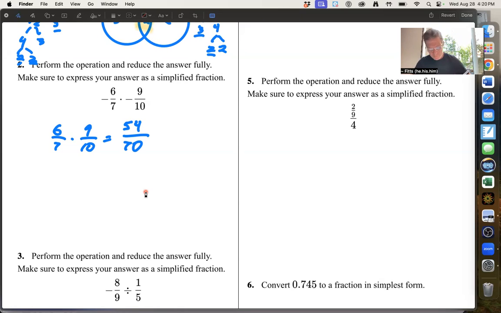So if I say 54 over 70 and you divide it by 2 over 2, which is what I should have done in the one above, I really divided it by 12 over 12, which is just 1. That's going to equal 27 over 35. And I don't believe you can factor that any further. Nope. Okay, so there's your answer.